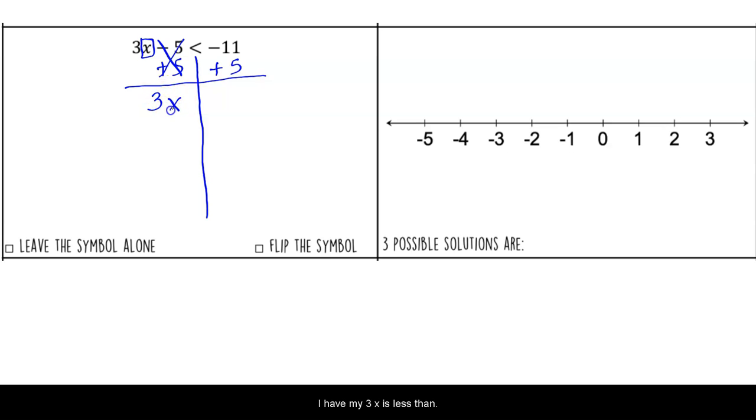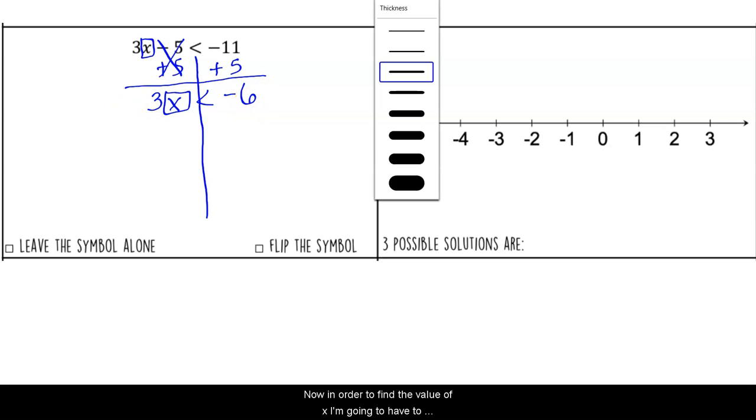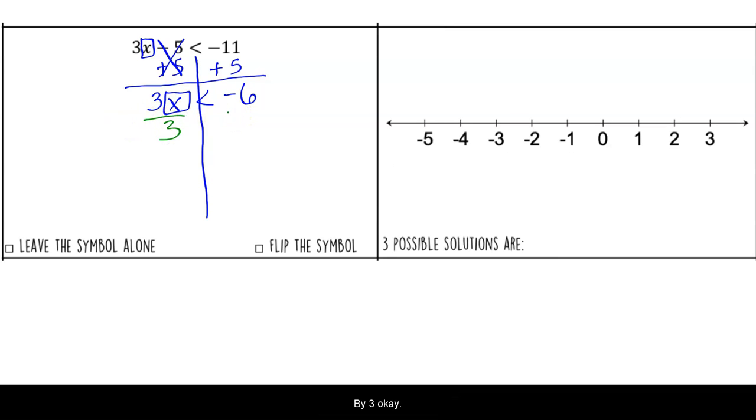I have 3x is less than 11 plus 5, which is 16. Now let's take a look at the side with our variable. It has a coefficient of 3. So it's 3 times x is less than 16. Now in order to find the value of x, I'm going to have to divide both sides by 3.